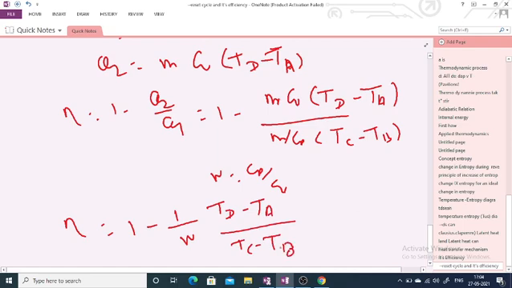Now our task is to eliminate Td and Ta and convert them in the form of Tc and Tb.